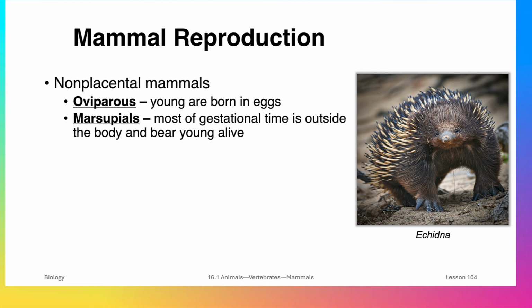It crawls up to a pouch-like organ and gestates in the pouch. So most of the gestational period when the baby is being developed is outside the body in this pouch. And then the infant emerges from the pouch born alive. And this is what's known as a marsupial.